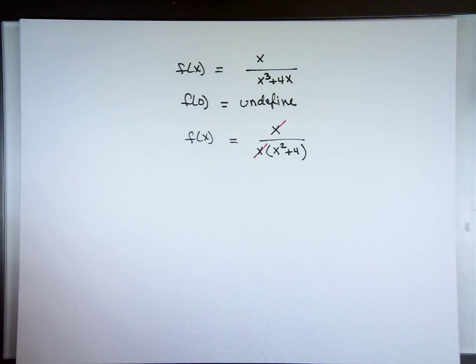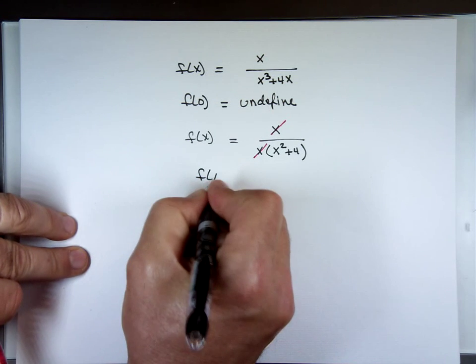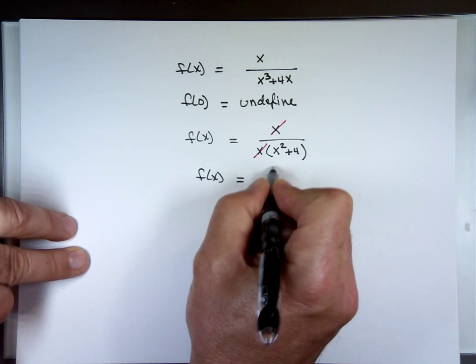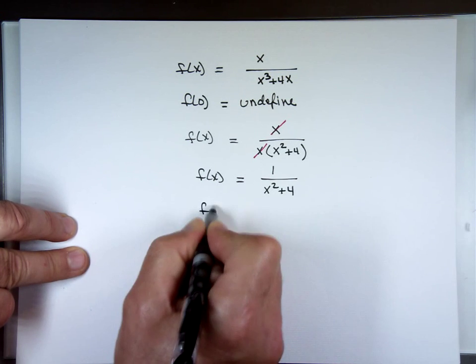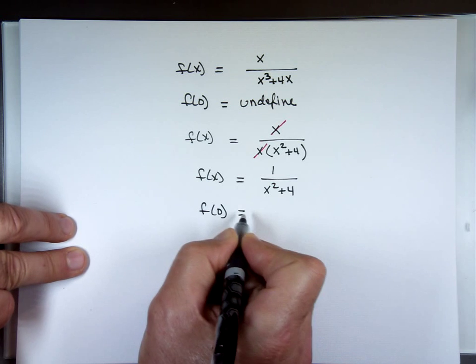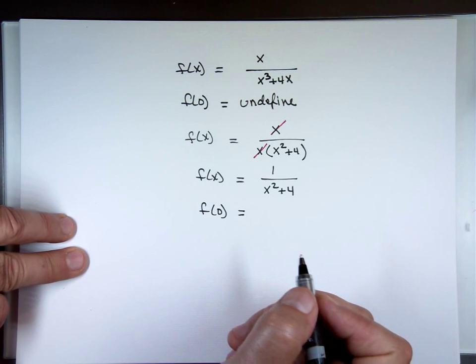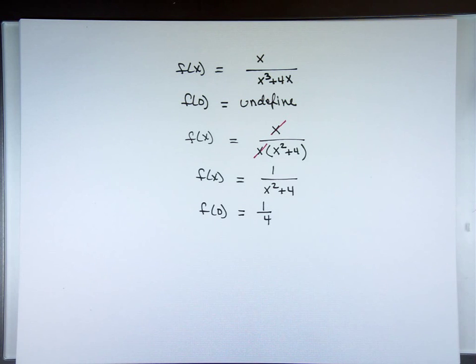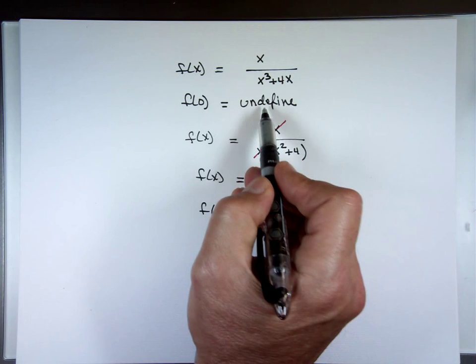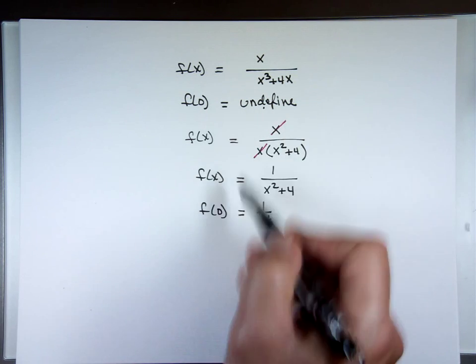So f of x, when you simplify it now, is 1 over x squared plus 4. Now what is f of 0? 1 over 4. That's a removable discontinuity. The function was undefined, had no value, but when you simplify, that's no longer an issue.